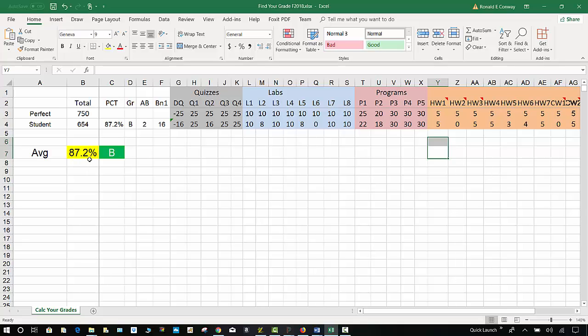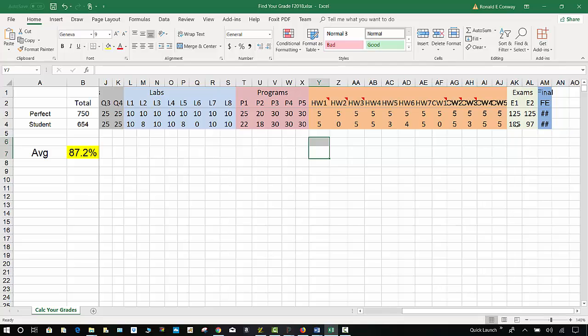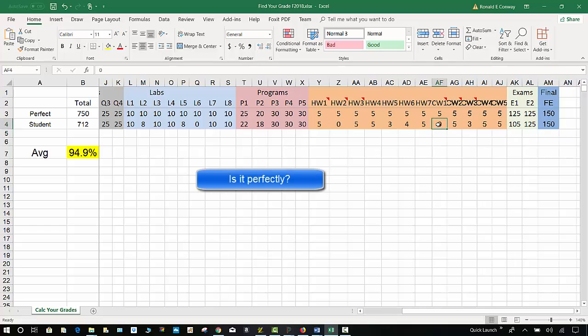Remember, the scale is 92, 82, 72, so you need a 92% to get an A. So if I go over here again and put in the maximum grades for the final and the second exam, I see now that if I score perfect on this, I'll put in maximum grades for that. And notice some of these grades were not even filled in.